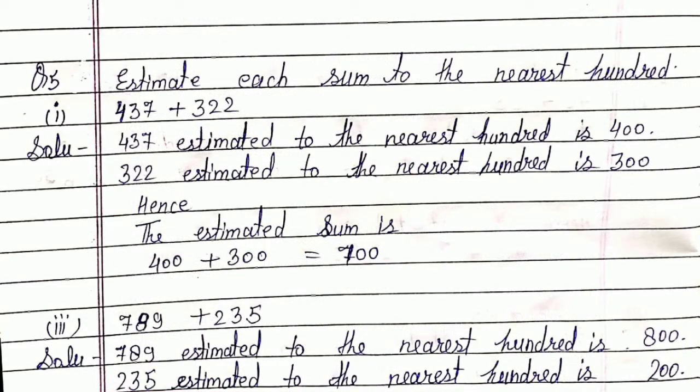Here you can see 437 estimated to the nearest 100 is 400 because 3 is less than 5, and 322 estimated to the nearest 100 is 300 because 2 is less than 5. Hence the estimated sum is 400 plus 300, which is equals to 700.